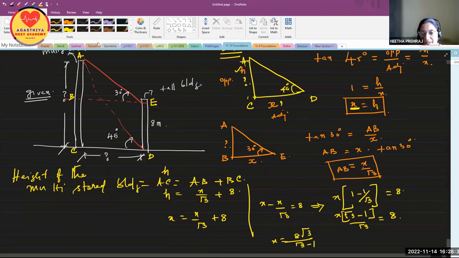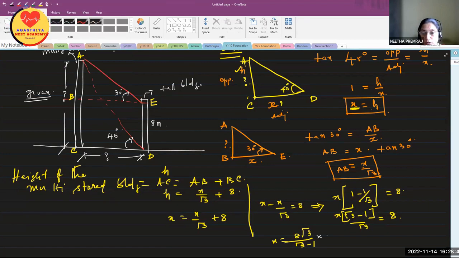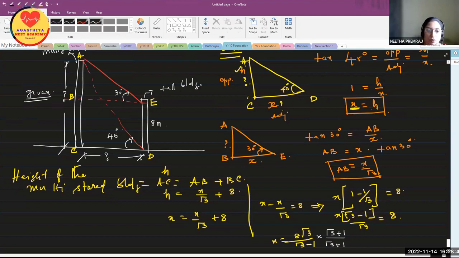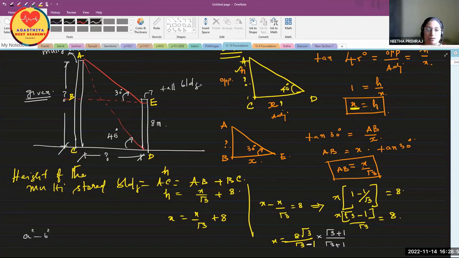So you have to rationalize. In this case, you have to multiply by the conjugate. This minus means you have to multiply with the plus sign. We know the concept, right? A square minus B square is equal to A plus B times A minus B. So that concept is applied here.